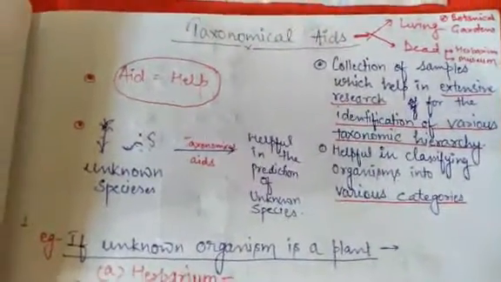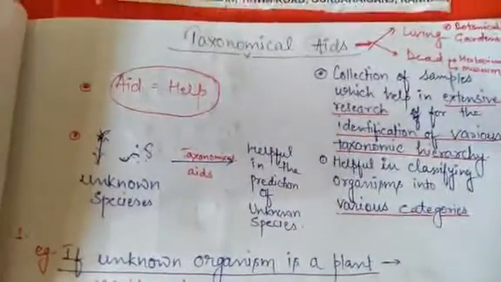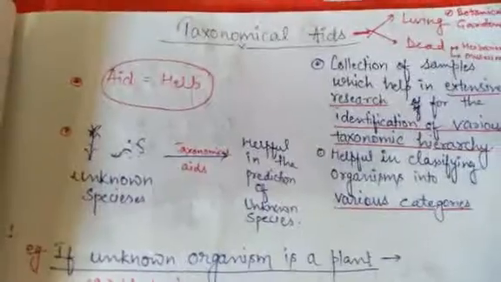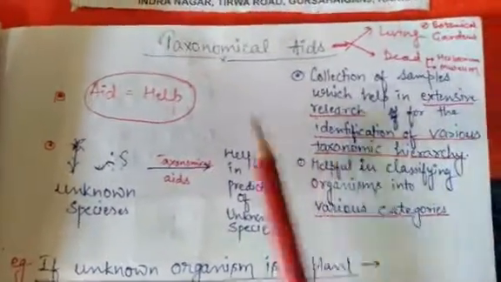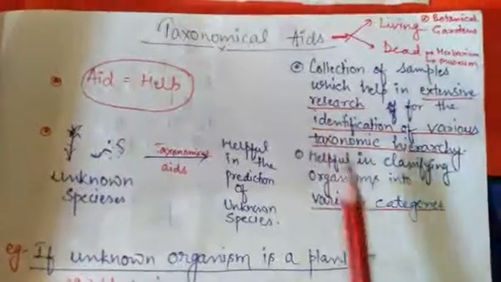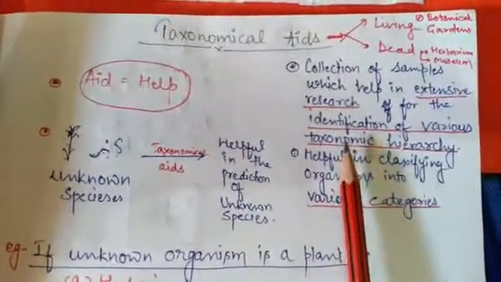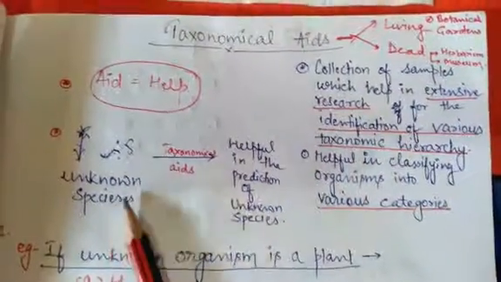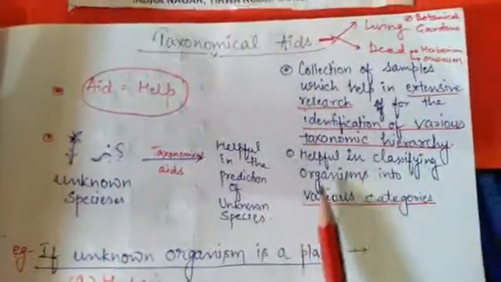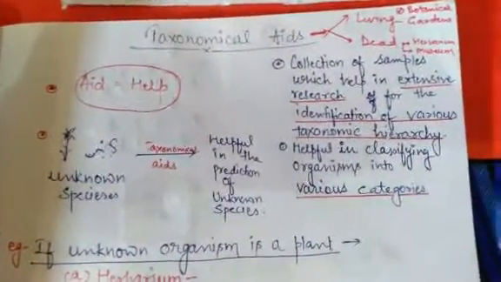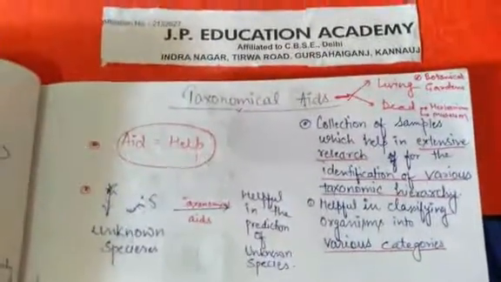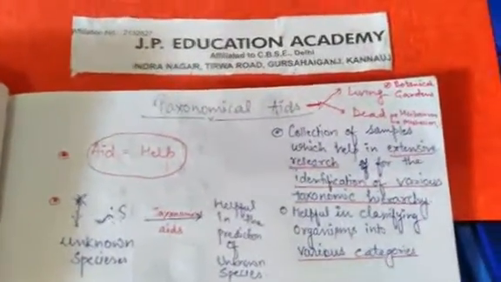In the field of biology, we have to provide a specific kingdom, a specific phylum to that unknown species. So this taxonomical aid plays a vital role in providing the taxonomical hierarchy to that unknown species. This is also helpful in classifying organisms into various categories. These categories are genus, species, class, order, phylum, etc.